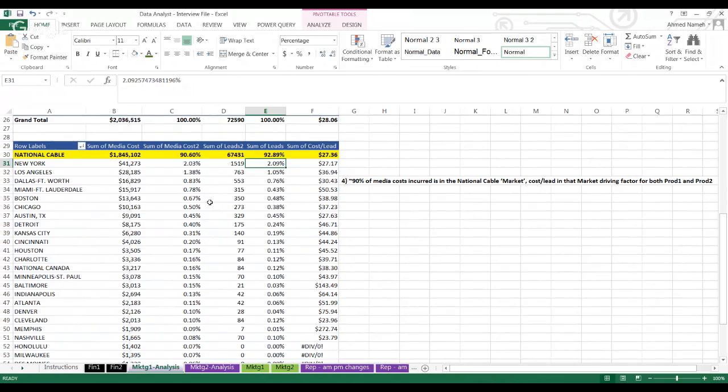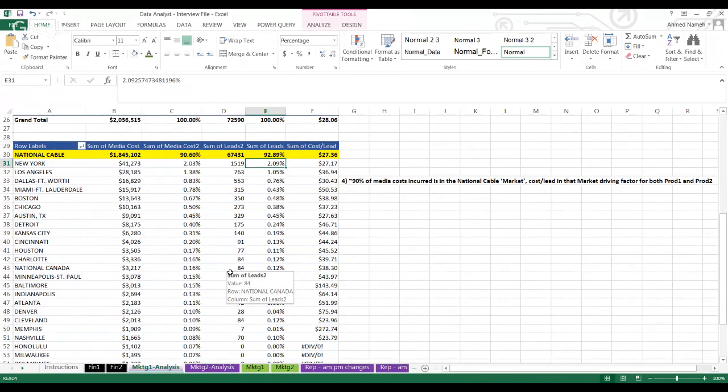So for example, if you look at New York, 2% of the media cost, 2.03%, were allocated to the New York market, and that resulted in 2.09% of the leads. So if the percentage of the leads generated is greater than the percentage of the media costs incurred, you're looking at a market that is relatively efficient.